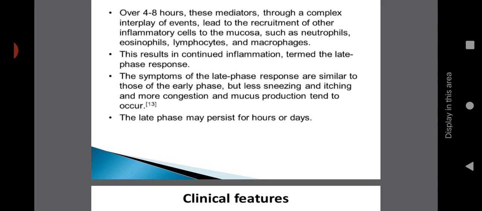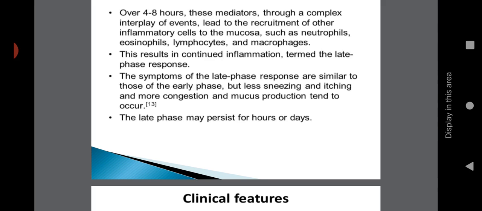So once we are exposed to the allergen, we have the reaction at that time, and afterwards, if some of the allergen remains in our nose or nasal tract, after 4 to 8 hours the reaction will happen again. The symptoms of the late phase response are similar to those of the early phase, but less sneezing and itching, and more congestion and mucus production tend to occur.